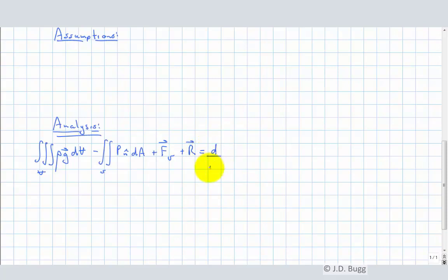Next is the unsteady term, so the rate of change of the momentum of everything in the control volume. And then finally, momentum fluxes across the surface are given by this. So a complete general form of the linear momentum equation.